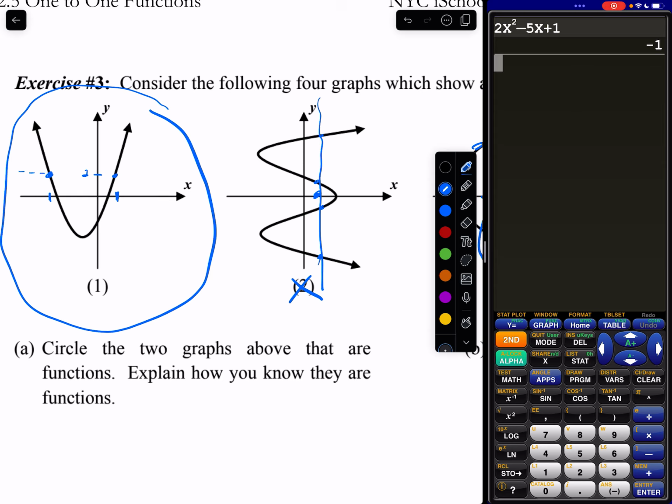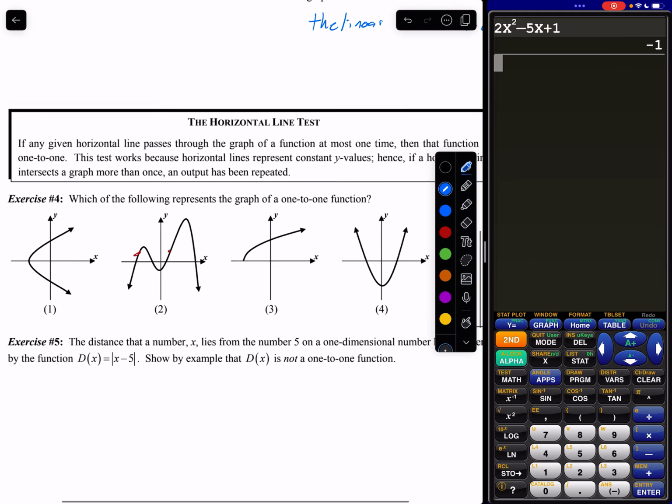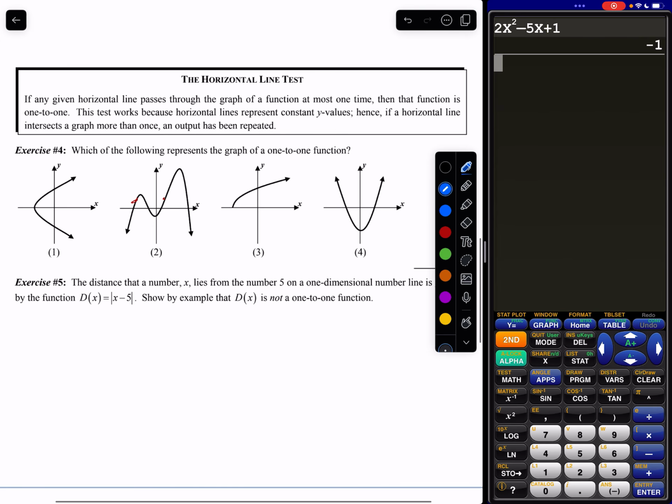So what we use here is a horizontal line test to help us determine whether or not a function is one-to-one. This is not one-to-one because there are outputs that are the same, right? This output here is the same as this output. Even though they're different inputs, the outputs are the same, okay? So that makes it not a one-to-one function, which gives us the horizontal line test, okay?